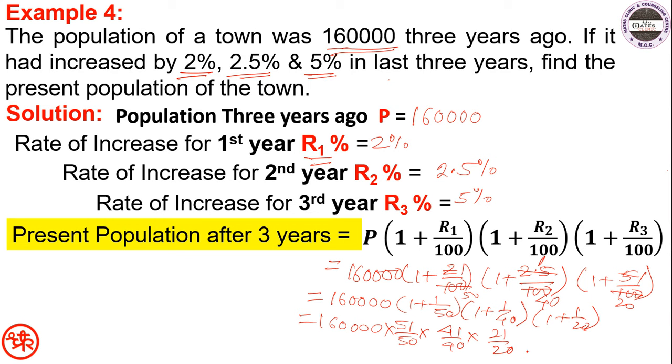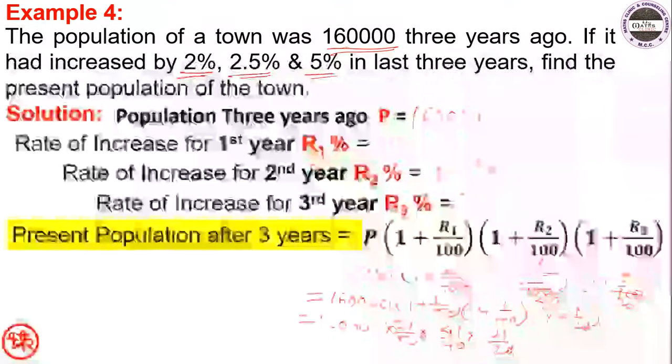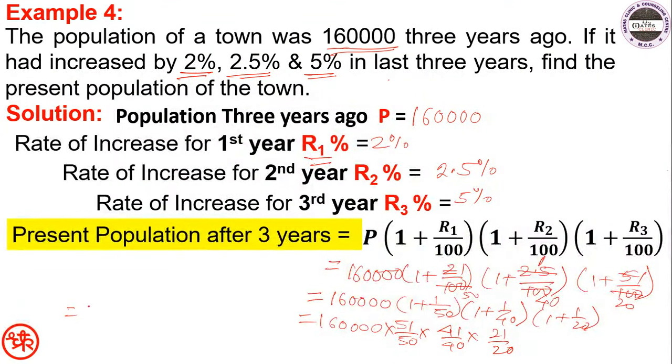And now if we simplify this, look here. So it is equal to 160,000 times 51 into 41 into 21 over 50 into 40 into 20. So you will get this 40 cancelled. Right?